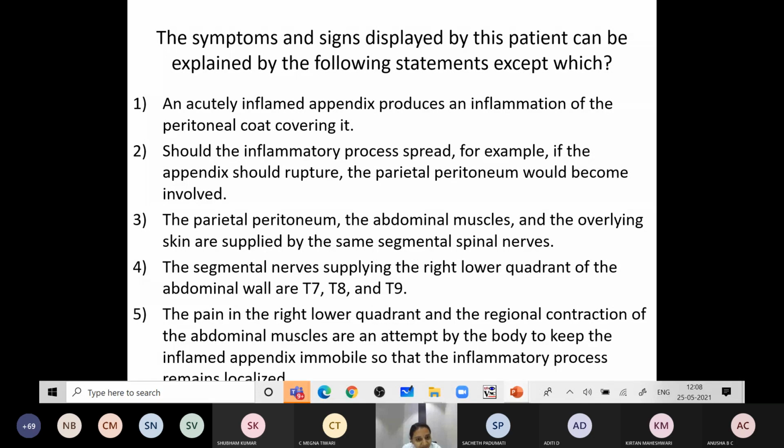Why? This T7, T8, T9 supply the upper part of the abdomen, whereas the lower part of the abdomen, below the umbilicus, is supplied by which segments? T11, T12, and L1. Those spinal segments will supply the lower part of the abdomen.